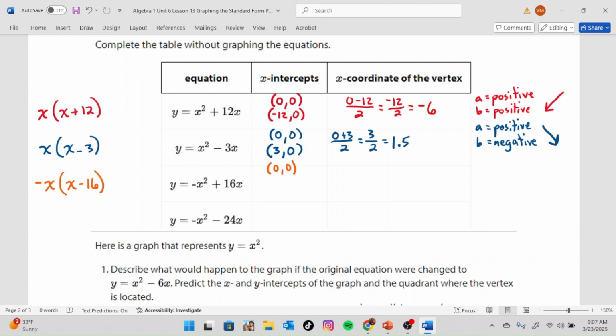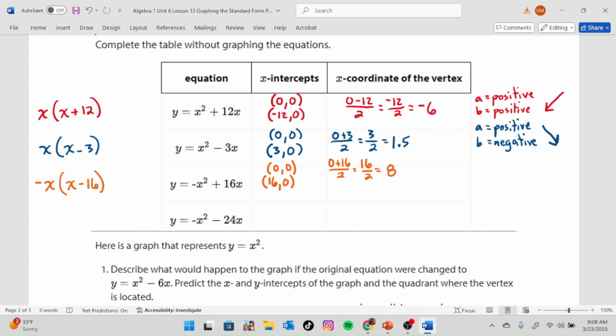If x minus 16 equals 0, then my x must be 16. To find the x-coordinate of my vertex, I have 0 plus 16 divided by 2, which is 16 divided by 2, which is 8.